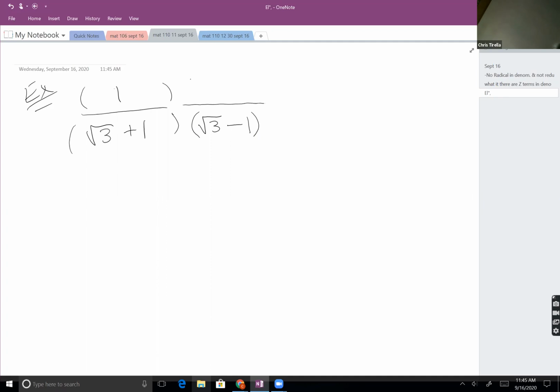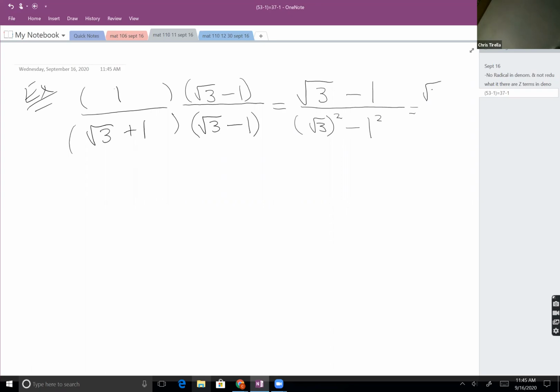So whatever we do to the denominator, we've got to multiply by the same thing in the numerator. Here in the numerator, when I multiply by 1, I just get that radical 3 minus 1.